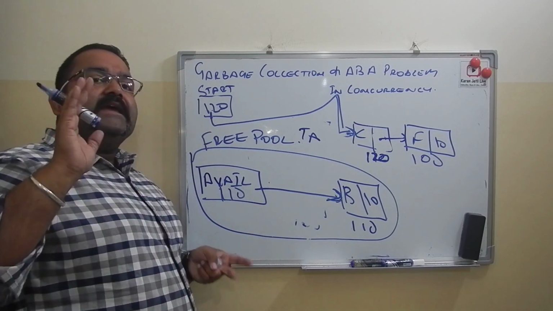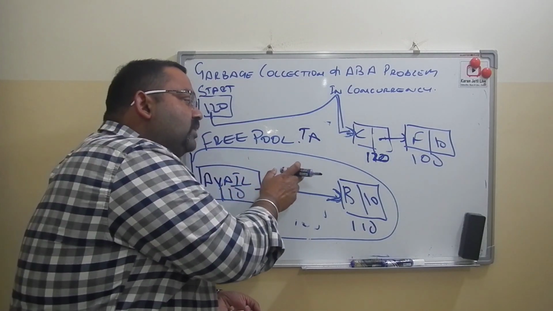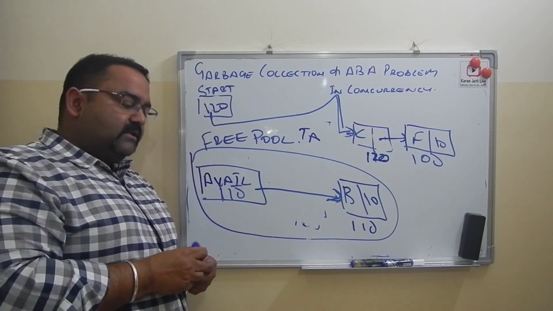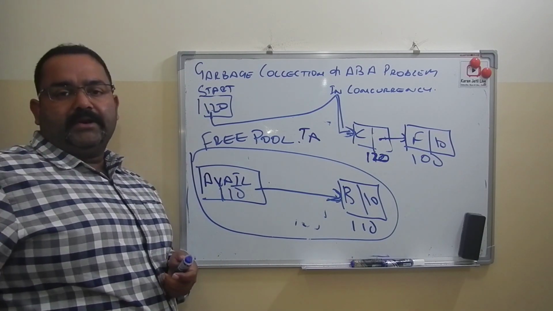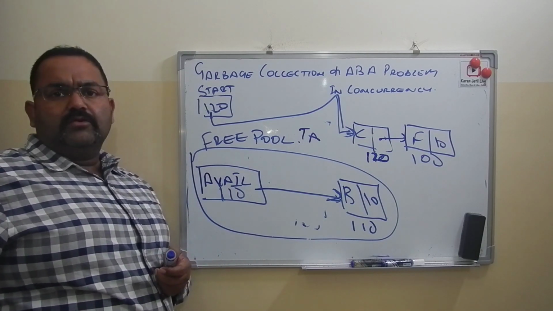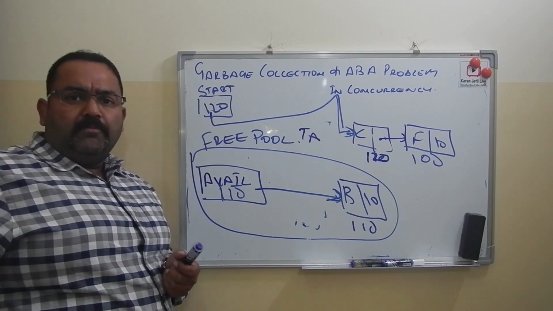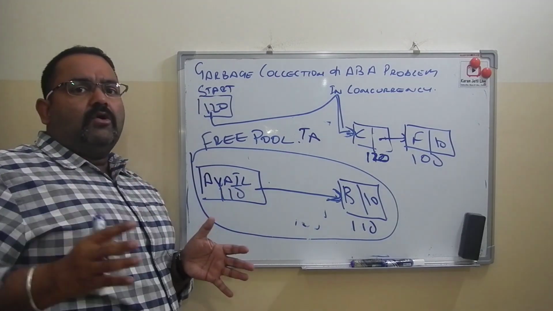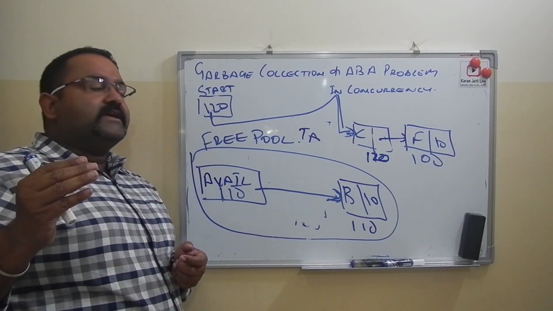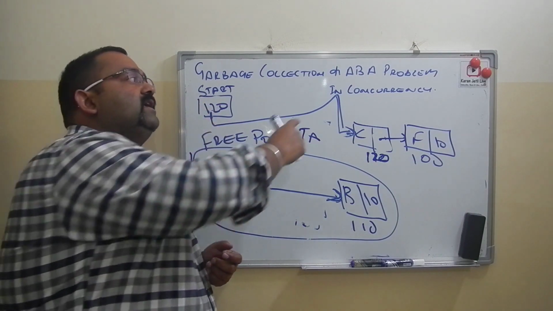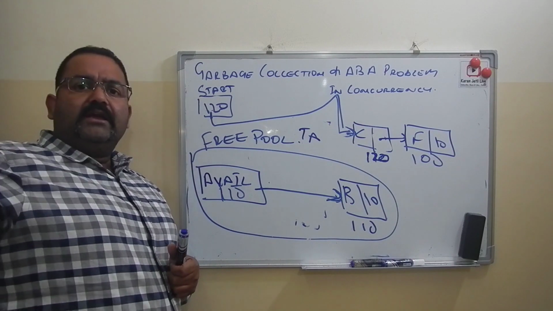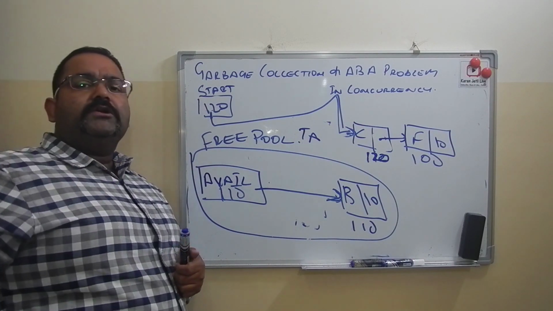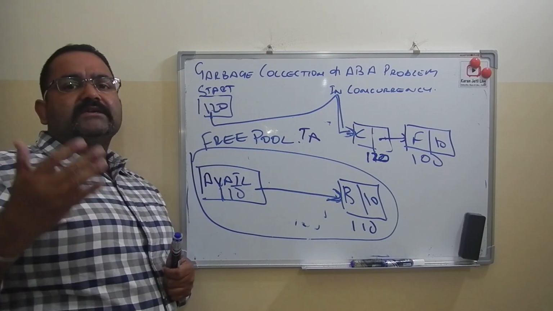And in case there is no node available in the free pool, then it can create another node by using a new operator. So this is how garbage collection is handled in concurrent threads. It is handled the same way in which it was handled in older programming languages like C, C++.